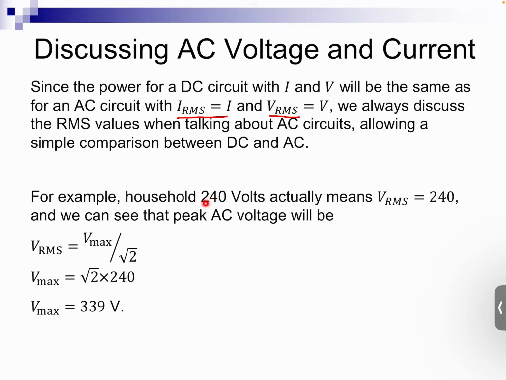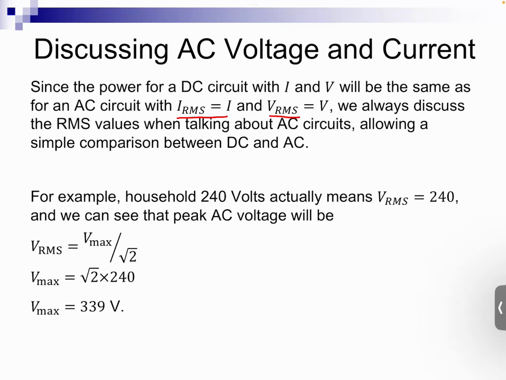So for example, when we say that the voltage coming from the mains outlet is 240 volts, what we actually mean is V_RMS is 240 volts. AC current is coming out from the source, but when you measure it, you read 240 volts in your multimeter, and that's why we know the RMS voltage is 240 volts.